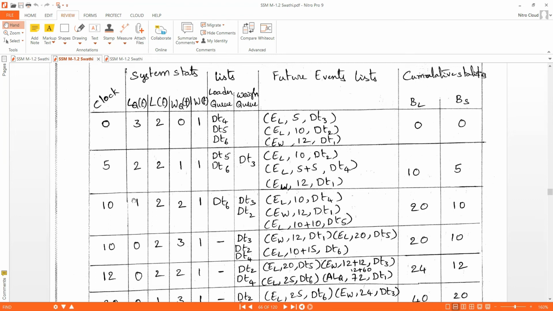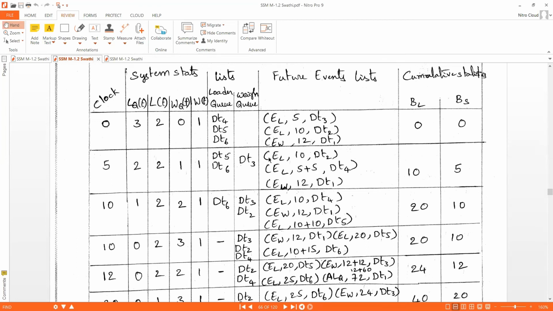Next, we need to advance the simulation clock to 10. How will we advance it? In these future events, we have the ending loading time of DT2 at simulation clock time 10, the ending loading time of DT4 at simulation clock time 10, and the ending weighing time of DT1 at simulation clock time 12.